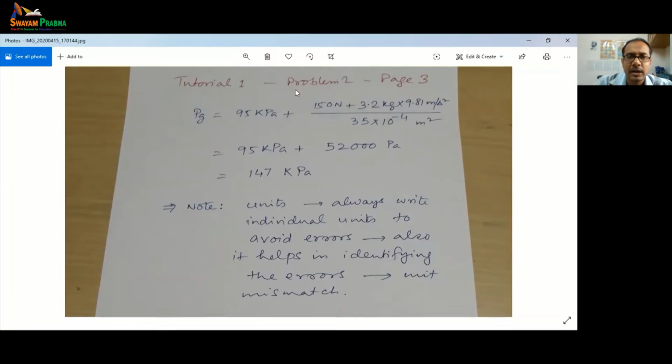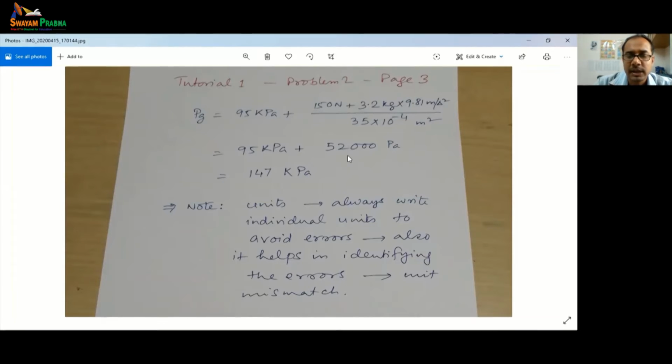Again, here I have written all the individual units. So here 95 kPa, and this part consistently you will get Newton per meter square, which is Pascal, and that will come out to be 52,000. Unless you write the kPa here, a possible mistake you can make is by adding 95 plus 52,000.